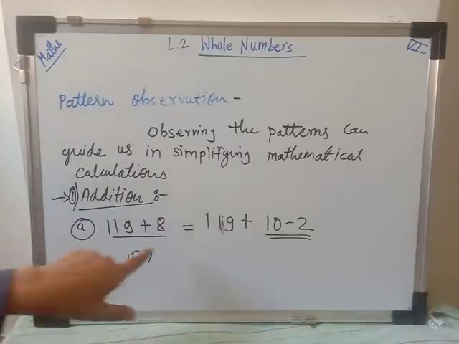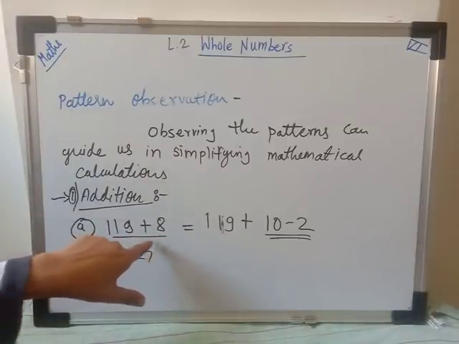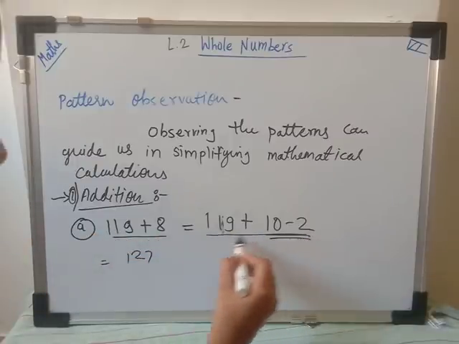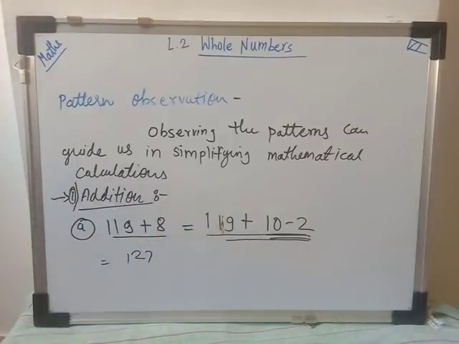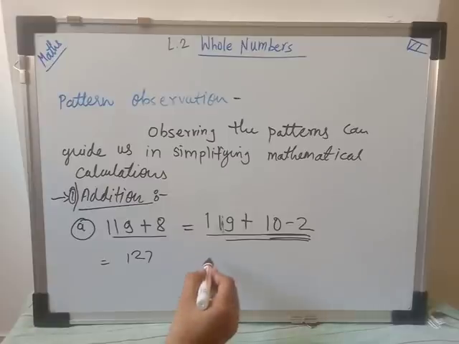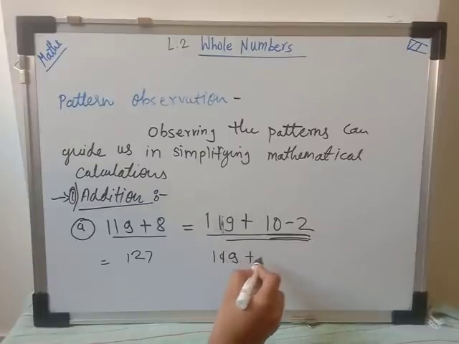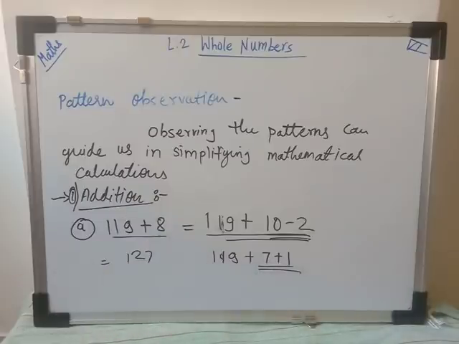So here we have arranged these two numbers in the pattern form. And one more pattern we can make: 119 plus 7 plus 1. So 7 plus 1 is equal to 8. So this is also one pattern. In this way we can arrange the numbers for different calculations in such a way that we can form a pattern.